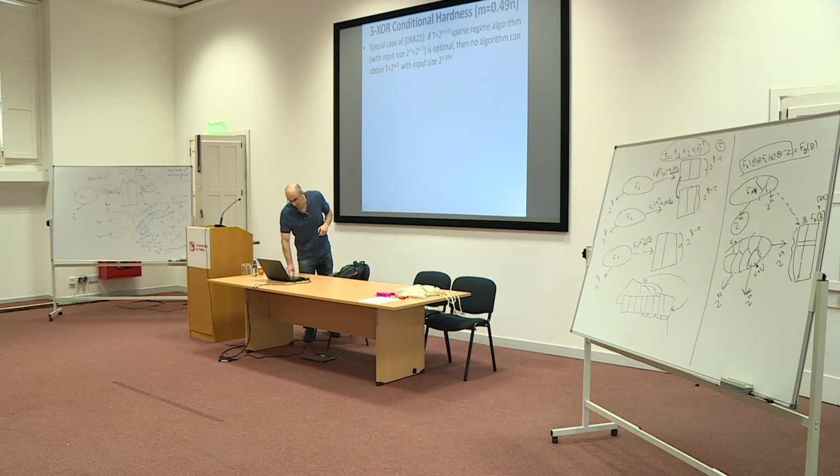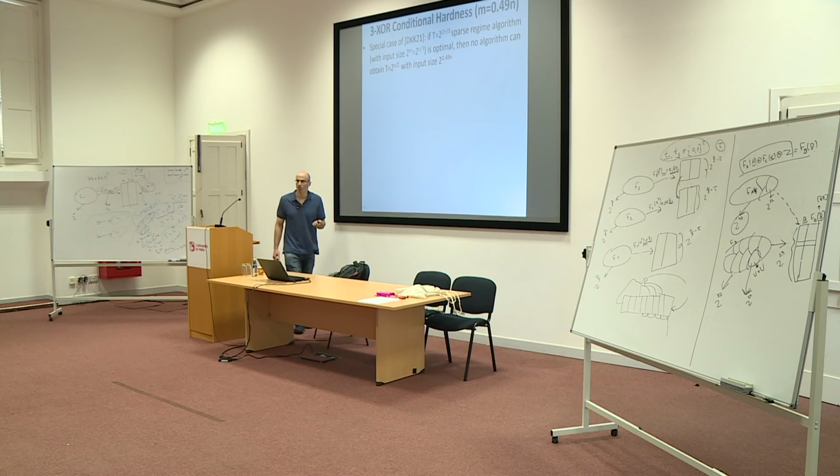Now remember what we want to do. We want to show that if the algorithm for the sparse regime is optimal, then no algorithm can obtain time complexity 2 to the n over 2 with input size 2 to the 0.49n.